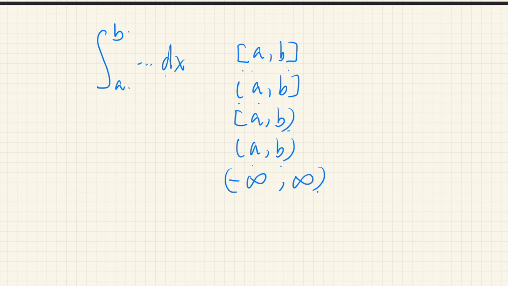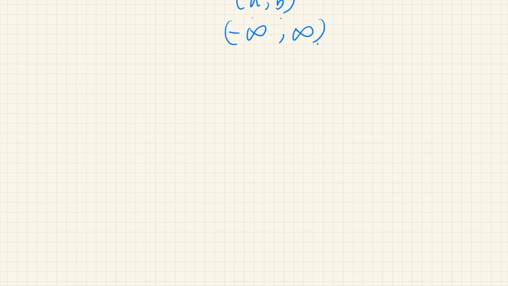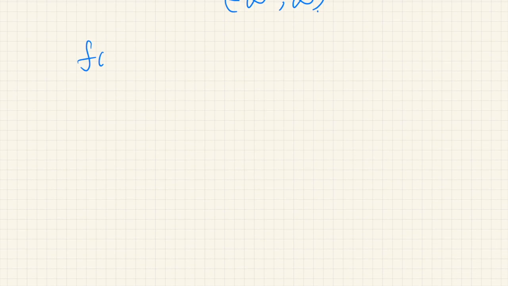Okay, let's start. So we first consider a function that is continuous and defined on a semi-open interval from a to b, including a, but not including b.